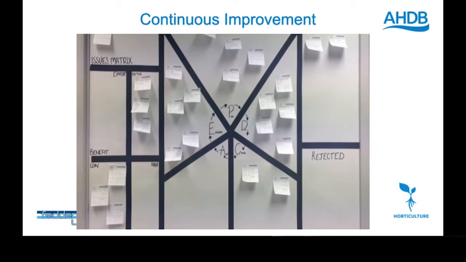And if they decided that actually this idea, we don't think it's going to work, they'd put it into the rejected column, and they'd explain to people, look, we don't think it's going to work. These are the reasons why. We really appreciate the fact you've inputted, but not this time. But please do keep coming forward with more ideas. There was a reward scheme around this as well, so people would get rewarded for generating ideas.